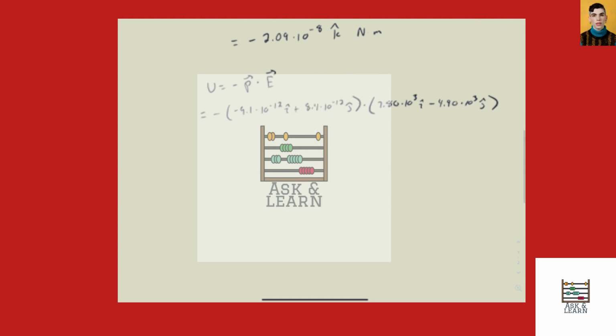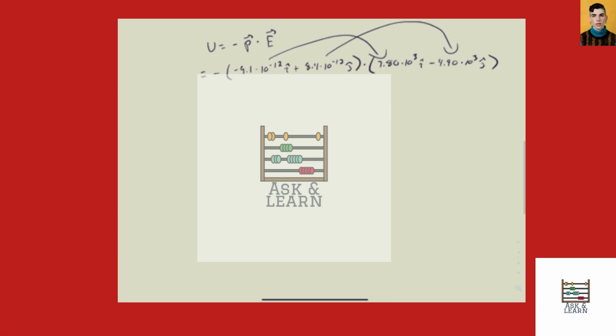Now to take the dot product, we just multiply these and add the product of the second two. So we get minus 7.098 times 10 to the minus 8 minus 4.116 times 10 to the minus 8.